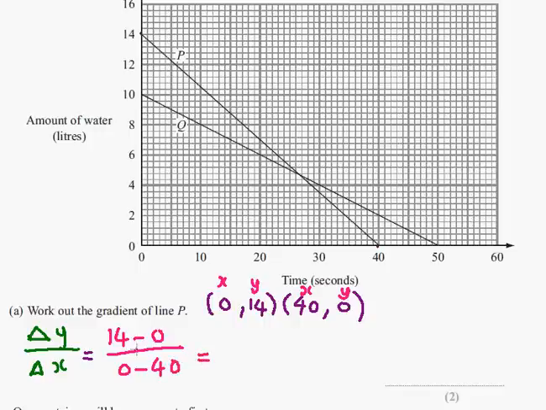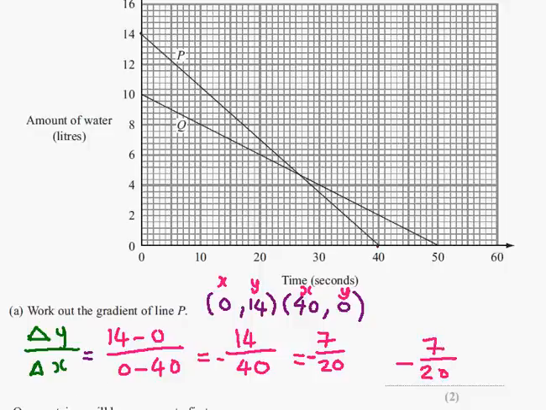Okay, so 14 take away 0 is 14, over 0 take away 40 is minus 40. So that's the gradient. Okay, now we can cancel that down if you want to. So we could divide it by 2, so 7 over 20. Well, don't forget the minus as well, so it's minus 7/20 is the final answer.